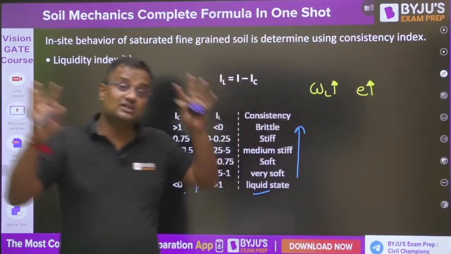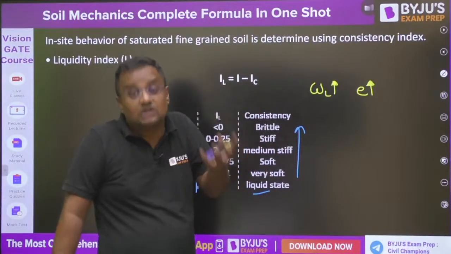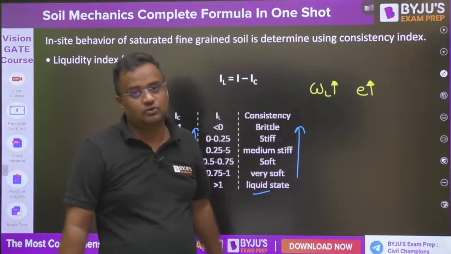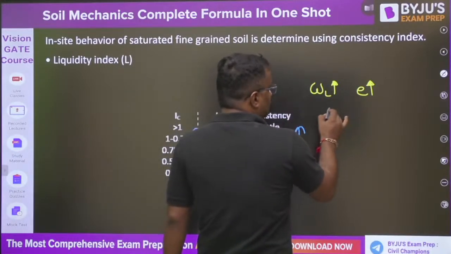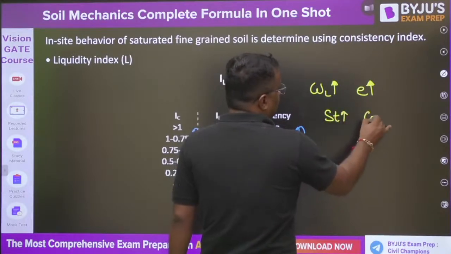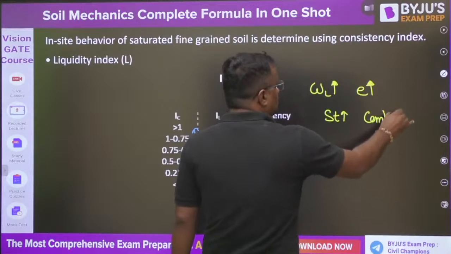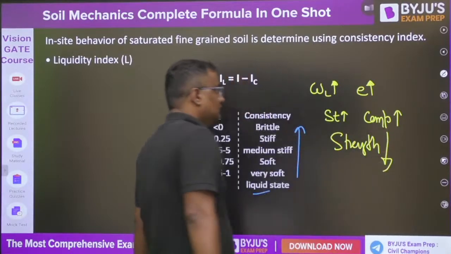So more voids means more water. Water will come up to the shrinkage limit, then further more water up to liquid limit. So if liquid limit is more, void is more. If void is more, that means more compressible. Settlement will be more. Compressibility will be more. Strength will be less.